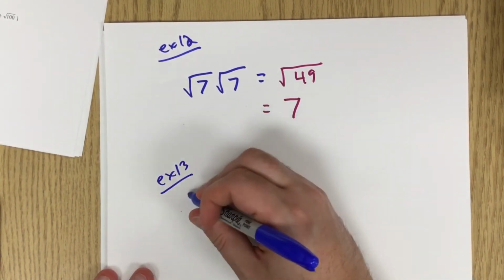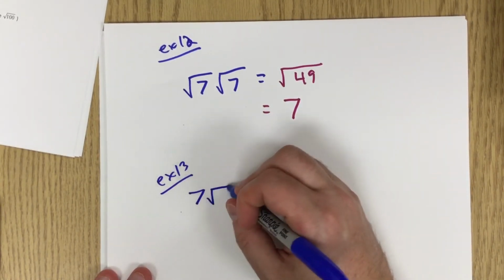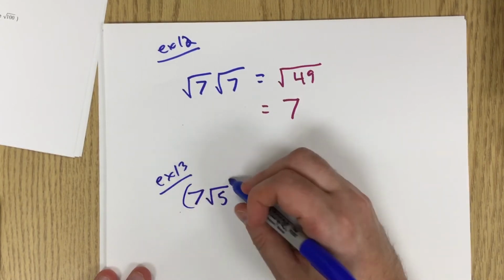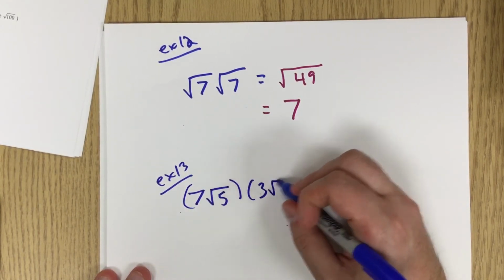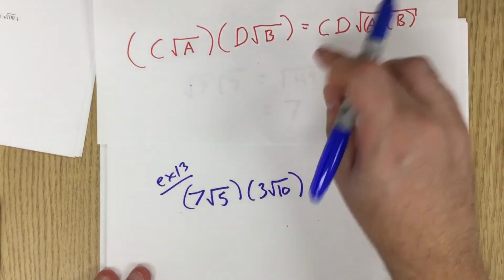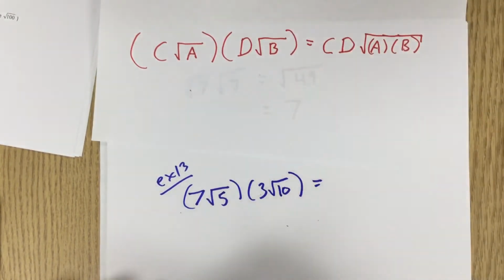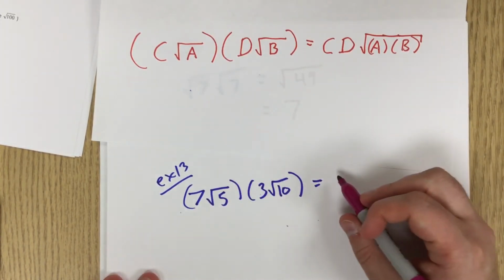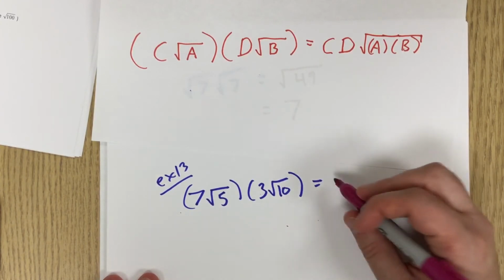Example 13. 7 root 5 times 3 root 10. Okay, and now we're going to kind of use that rule over there. So it's going to be 7 times 3 is, well, I'm just going to write it out.